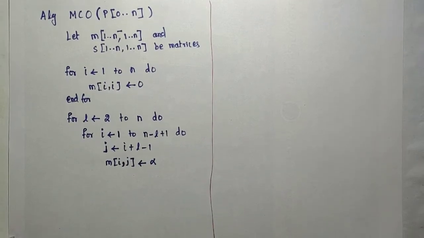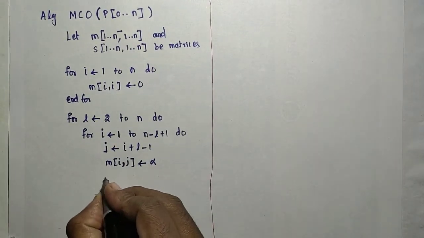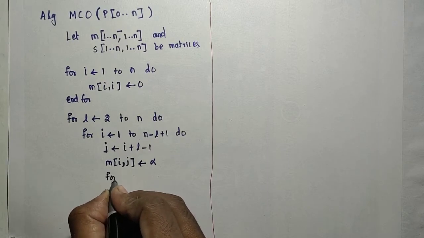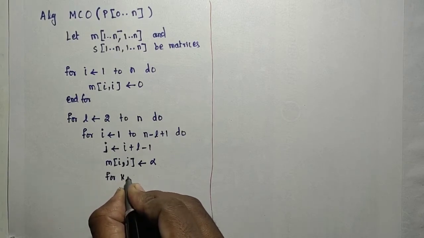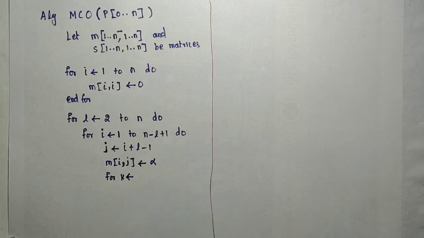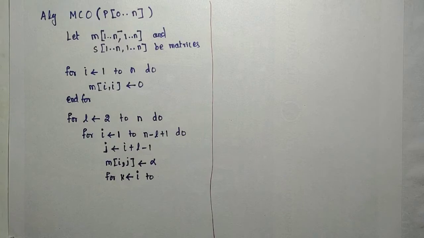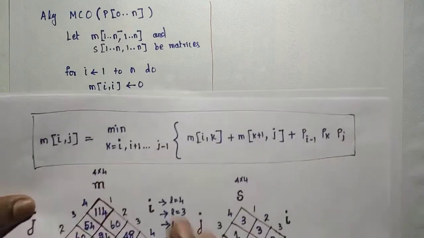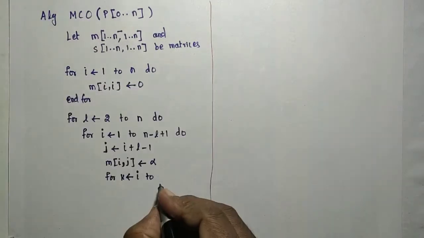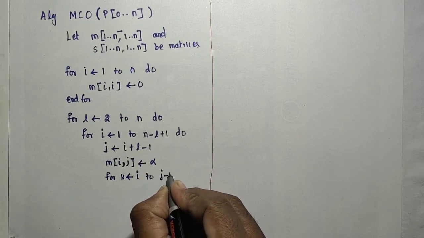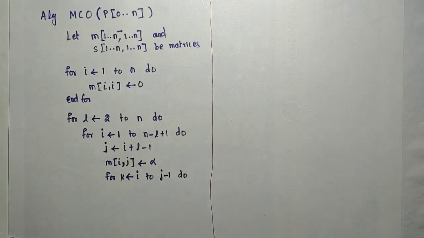Now we are going to start the options, that is, we have to loop on k. For k equal to i up to j minus 1, do the following.